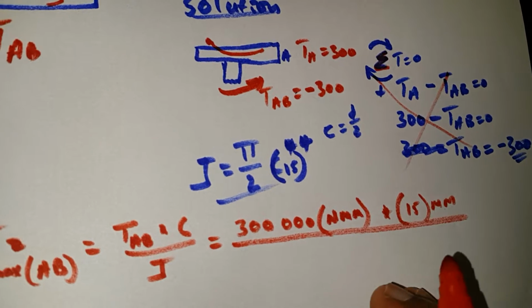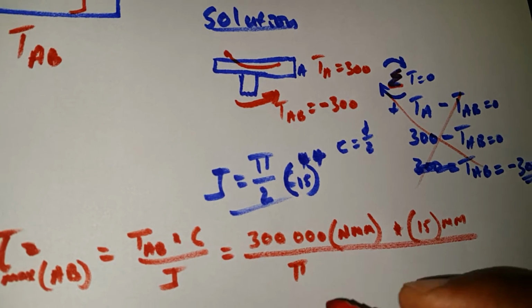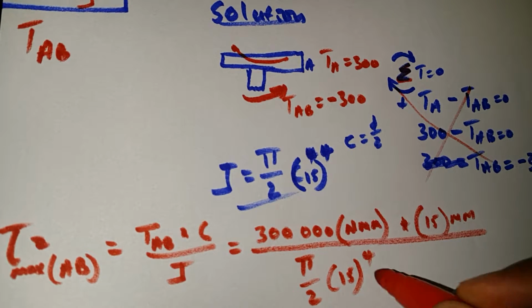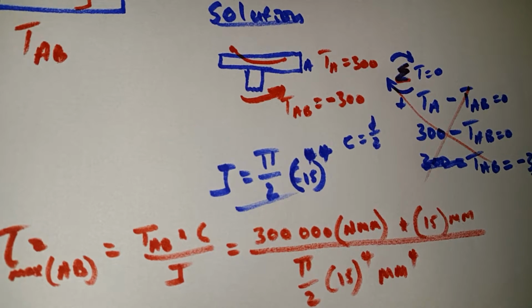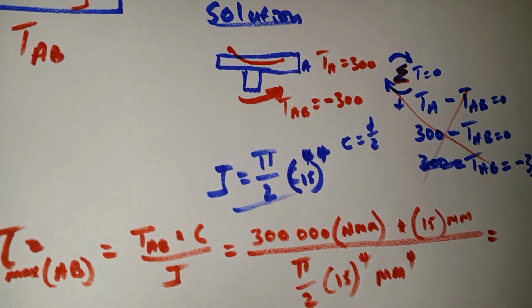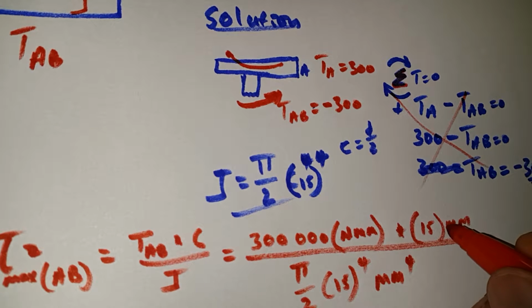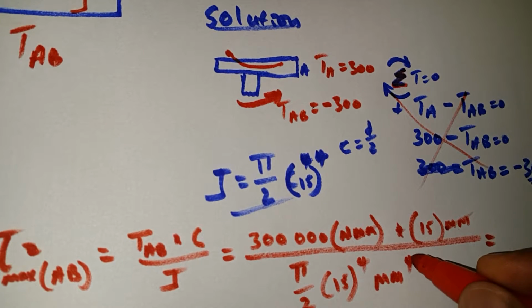So what will be our J? We found our J here. Our J is pi over 2 times 15 millimeter to the fourth. Okay, so what will be our final answer? Let me check. Remember, this millimeter and this millimeter will go here, so we have millimeter squared.